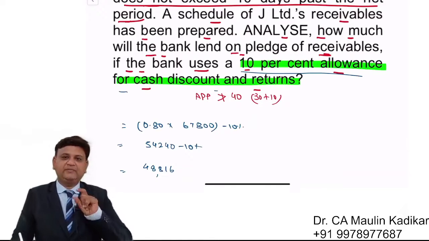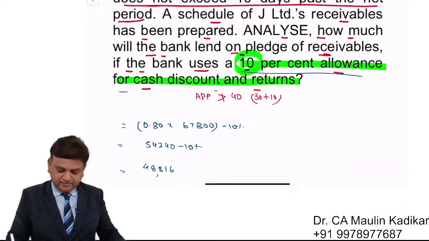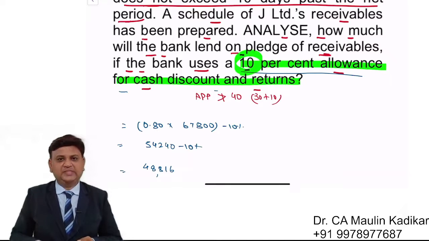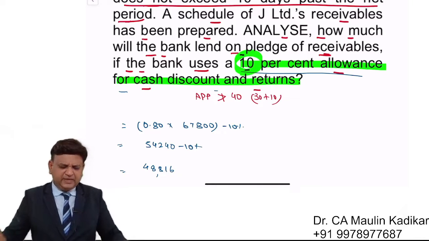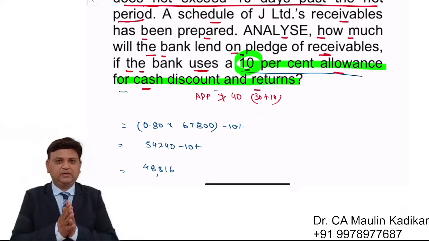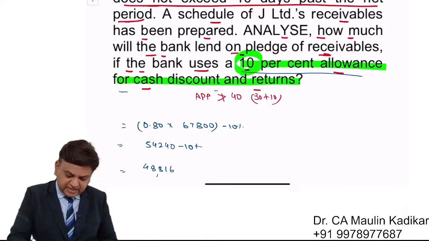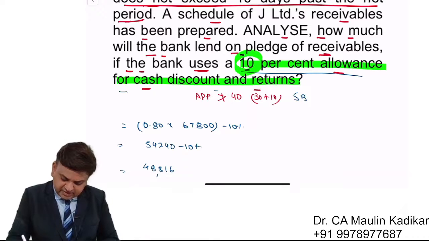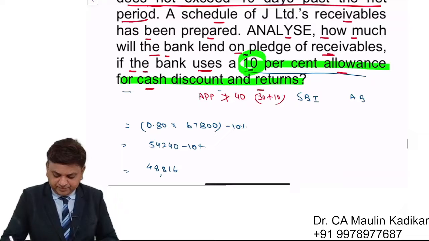Let me give explanation with respect to this 10% information which they have provided. Dear students, listen to me carefully. See, basically we have to understand it in this way. State Bank of India is giving loan against a customer called ABC, which is right now debtor of J Limited.